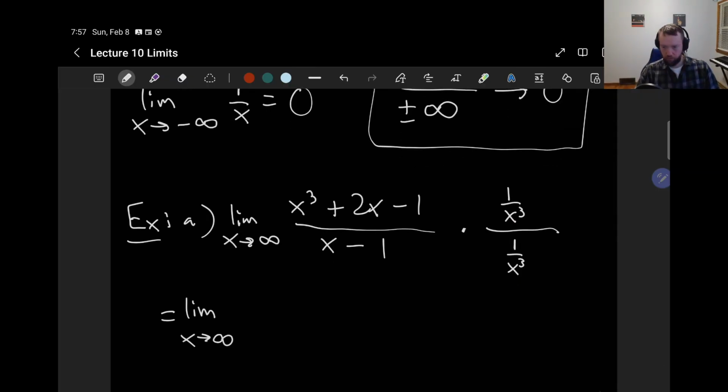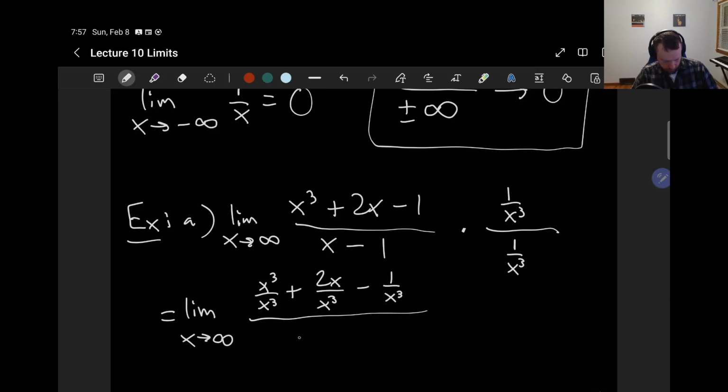Again, good etiquette, keep writing your limits until the end of the problem. So by multiplying by 1 over x cubed, that's distributing onto every single term. So every term is being divided by x cubed. Same thing with the denominator.